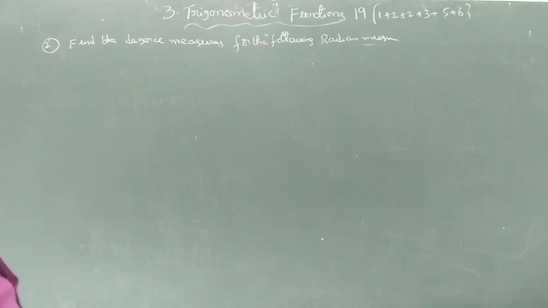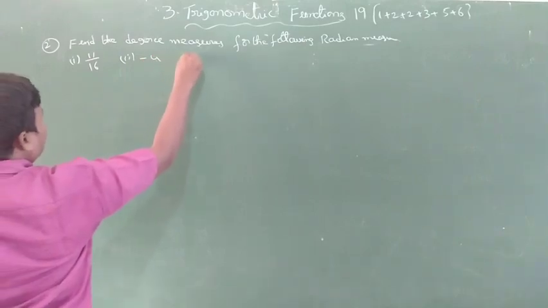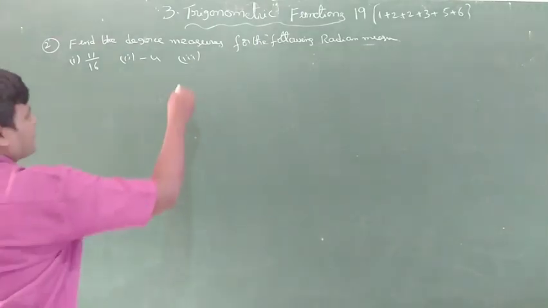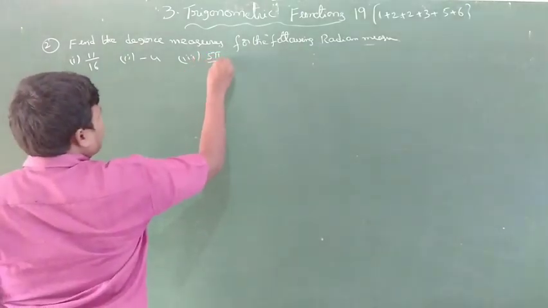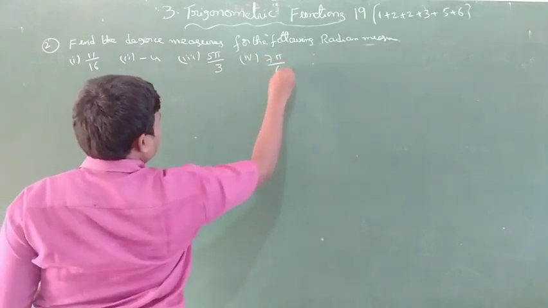Radian measures are given, you find the degree measure. The first one is pi by 16, minus 4, 11 by 16. Second one is minus 4. Third one is 5 pi by 3. Fourth one is 7 pi by 6.